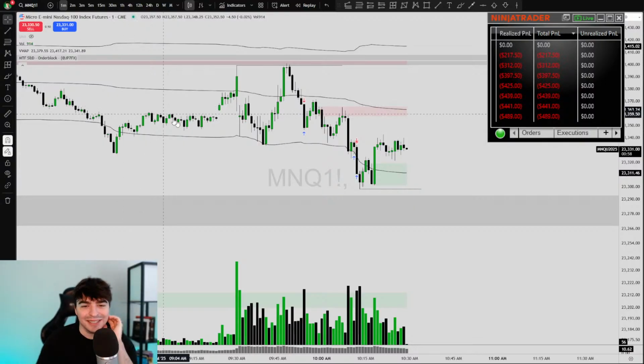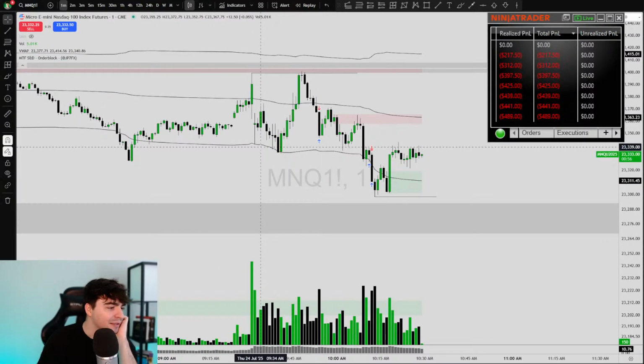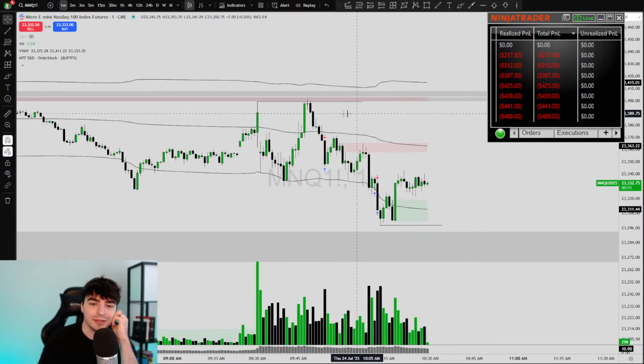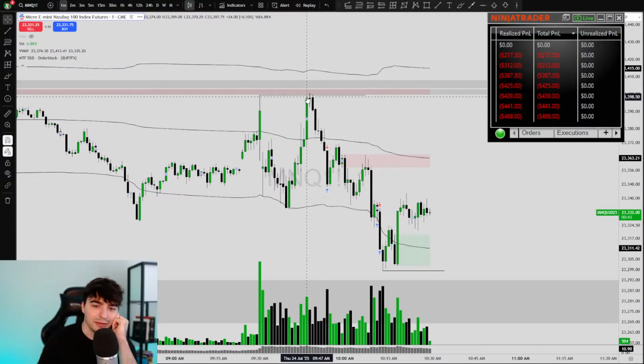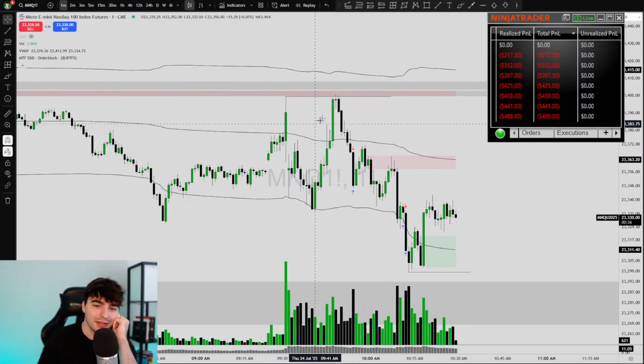Yeah, I couldn't take this long because of news. This short, I mean, obviously that was a great short, but you got to be a little bit crazy to take a short after this massive green candle. Usually that means you need a little bit more room, like you need a big wick usually is what you'll get. But today it was quite the exception.